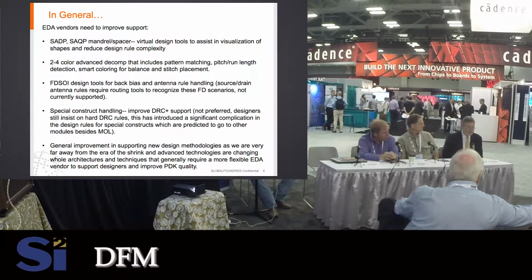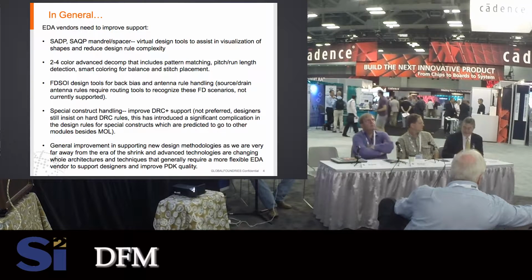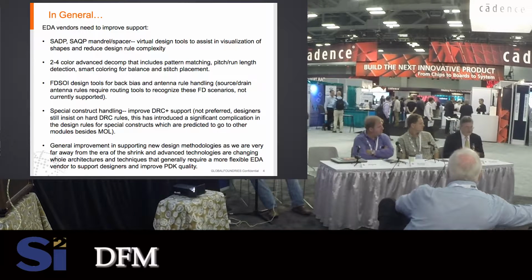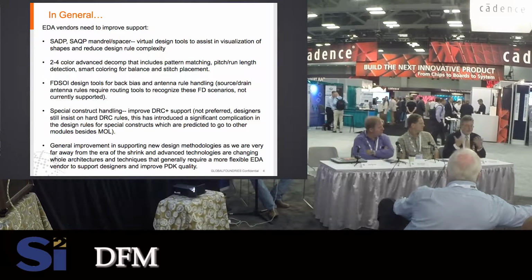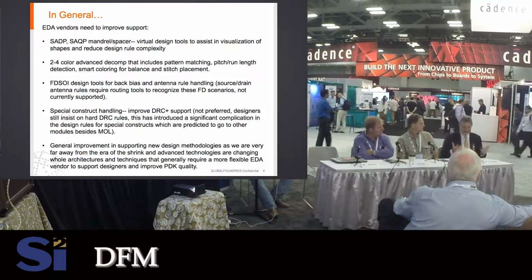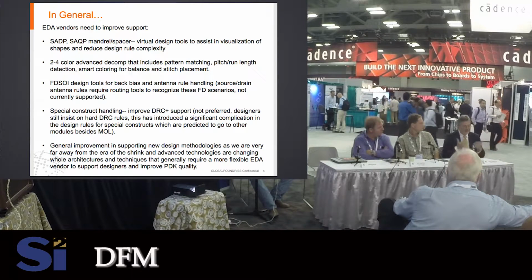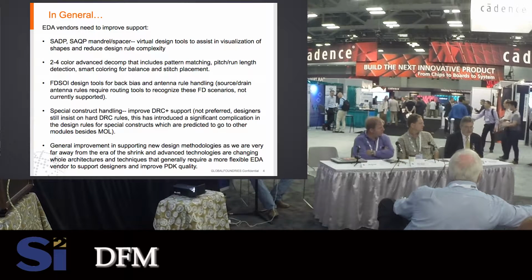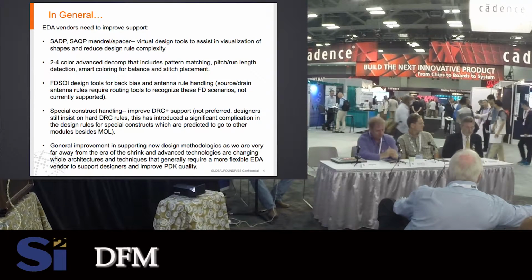You never check a rule by itself. You're checking it in the context of all the other rules. So picking what other rules should be fulfilled and not violated when you're checking one rule is a little bit tricky. But at the end of the day, I think the key thing is that you need to develop the rules just like you develop everything else. Like you do a design with tools, you write software by executing it, checking it, testing it, writing test cases. The same methodology needs to apply to rules. They're complex enough today that you have to do it that way. You cannot just write them down.